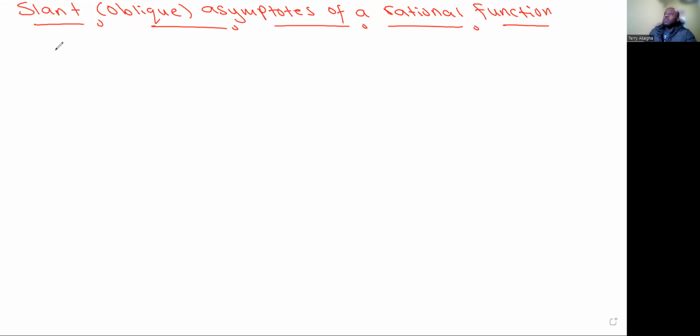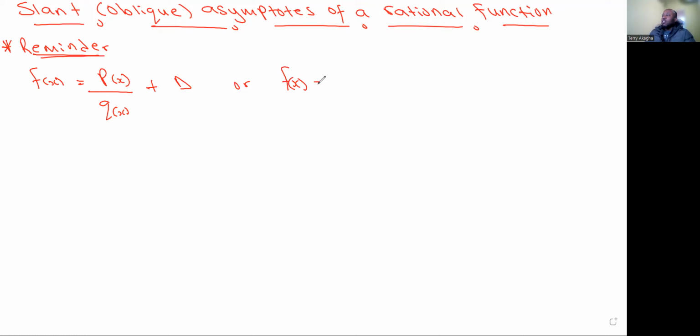Okay, so let's do this. As usual, you should be conversant with the general form of a rational function. It's f of x is equal to p of x divided by q of x plus d. Or the numerator can be a constant, so you have f of x is equal to a over bx plus c, plus d.